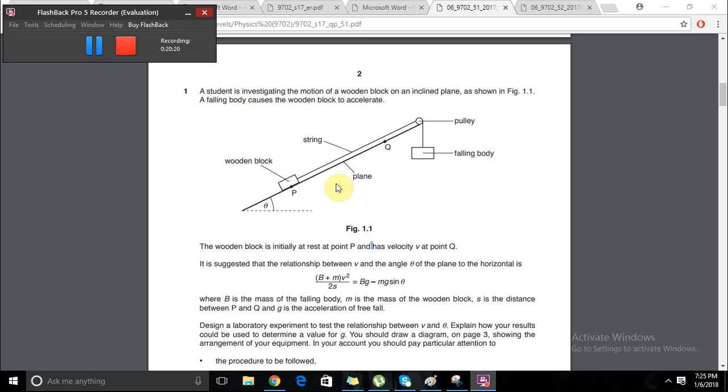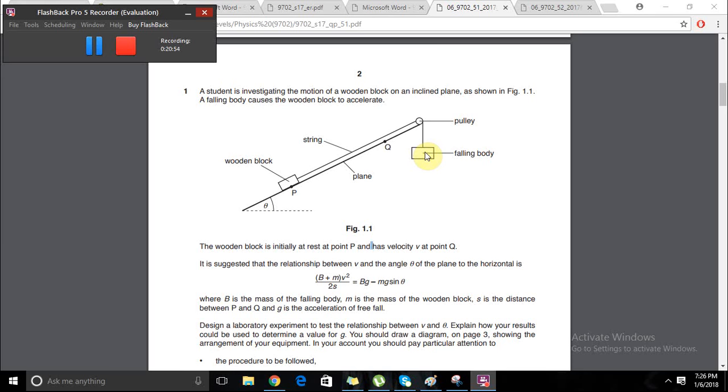And what factors would likely affect the acceleration of pretty much anything? Well, number one would be the mass, right? And g is obviously a constant. Another factor may be air resistance or friction at the pulley or friction faced by the wooden block, right?